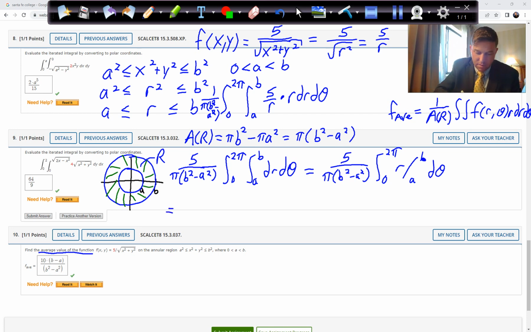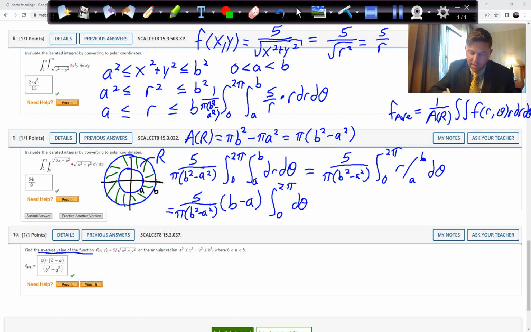This is going to equal 5 over pi times b squared minus a squared. The r evaluated from a to b would just be b minus a, and that's just a constant, so we can pull it out. Then we have the antiderivative from 0 to 2 pi of just d theta. Well, that's going to give us 5 times b minus a over pi times b squared minus a squared.